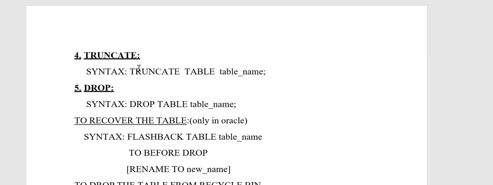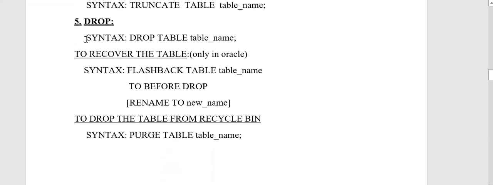the whole table will be dropped. This statement is used to delete the object, that is the table, from the database along with the table structure. If we use truncate, it will delete only the records. But if we use drop, it will delete the whole object.